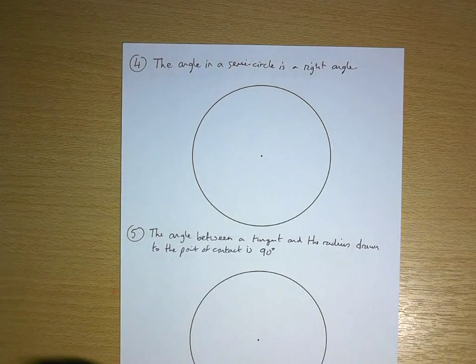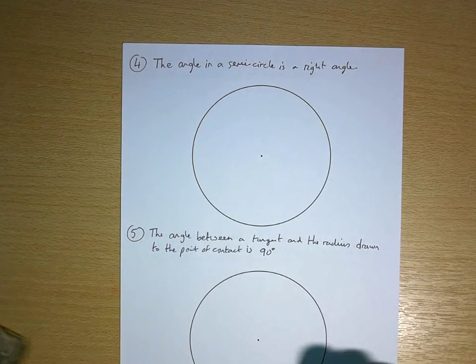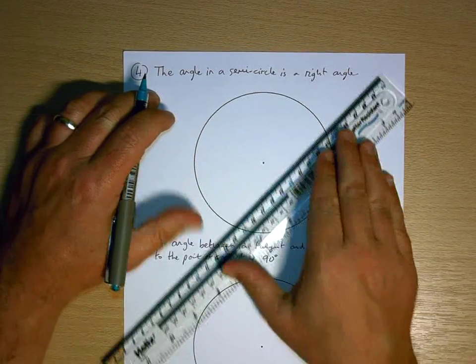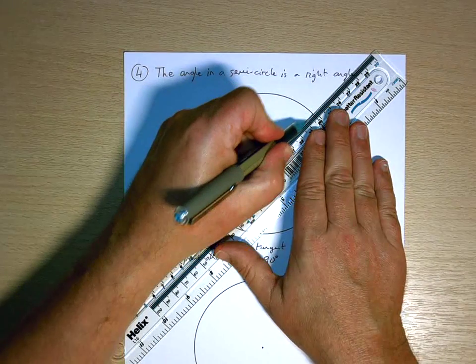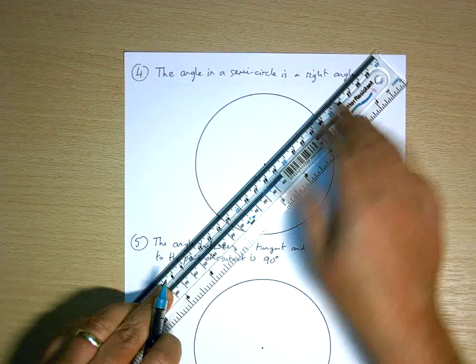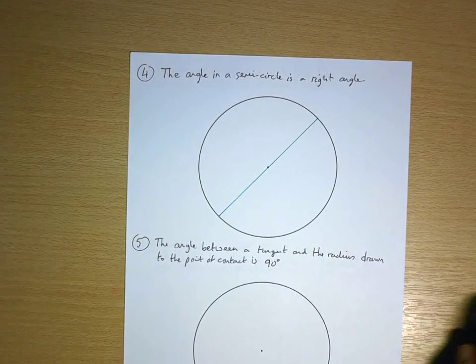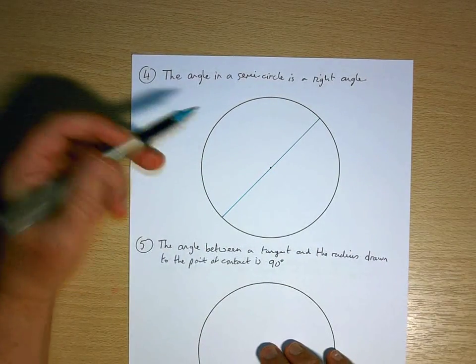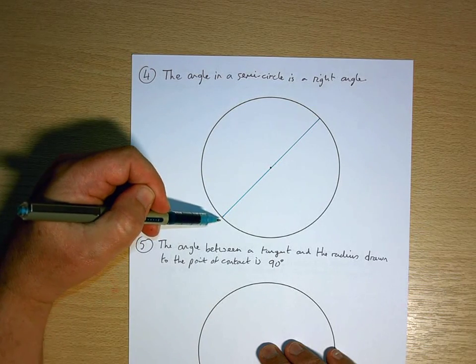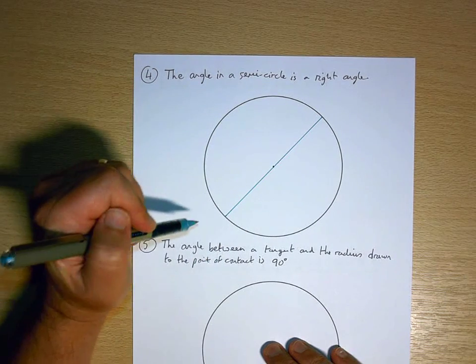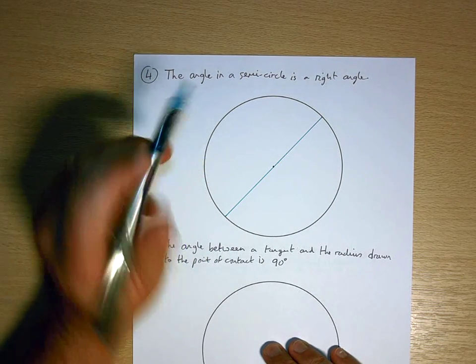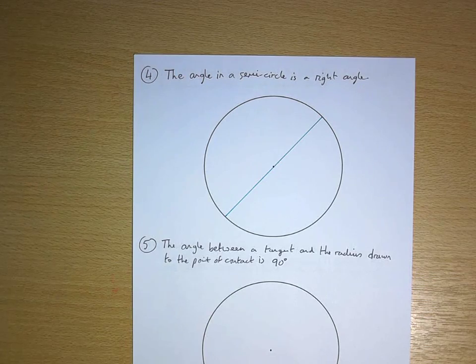Okay, this is one of the easiest ones to spot, which is if you have a semicircle, so if you have a diameter or chord that goes through the center of the circle, any angle generated by firing off one end of the diameter, hitting the circumference and bouncing back, wherever that happens, the angle is 90 degrees.